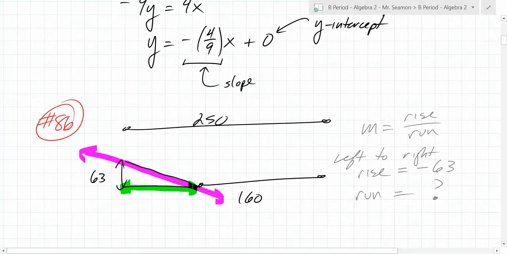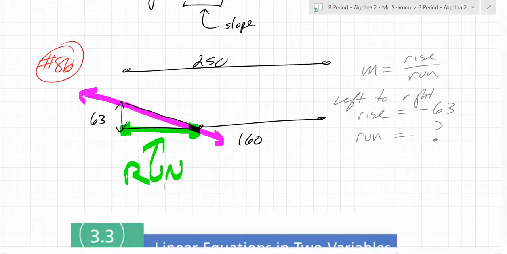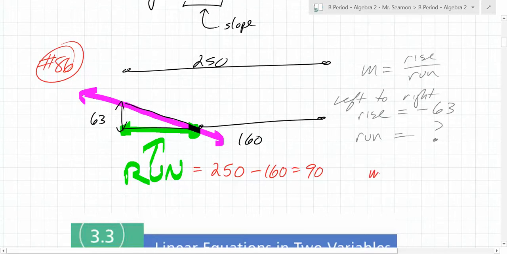How do you figure out what that is? Someone just said it. I think, Lauren, it was you. What's it going to be? 250 minus 160, which is what? 90. So what's the slope going to be? Negative 63 over what? 90. Can you simplify that a little bit? Yeah, was it negative 21 over what?